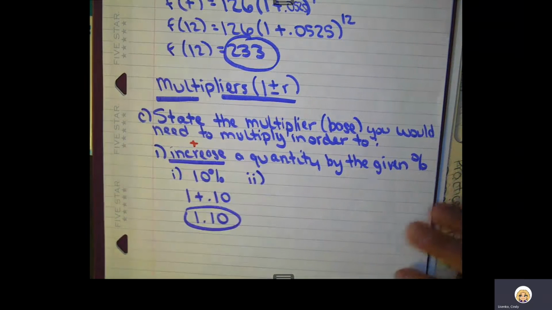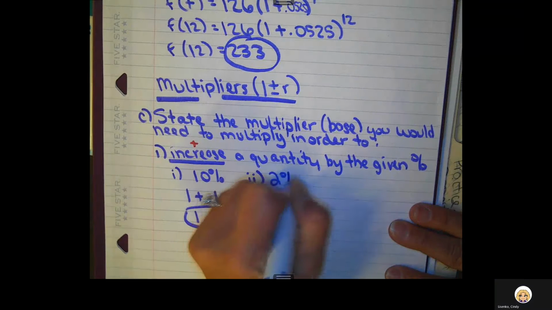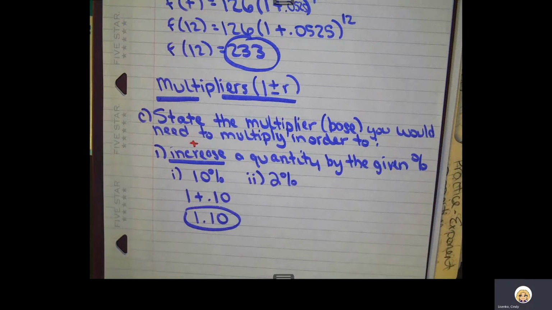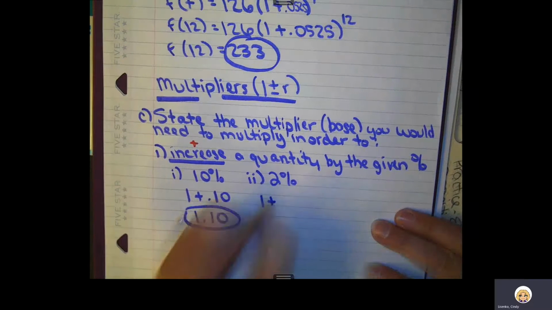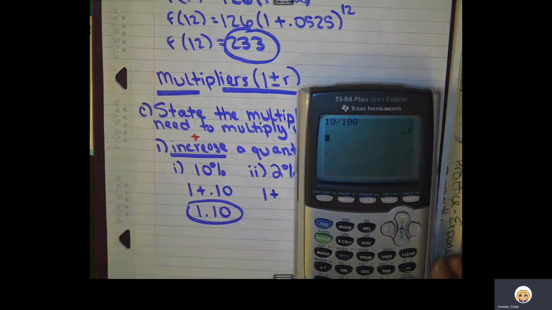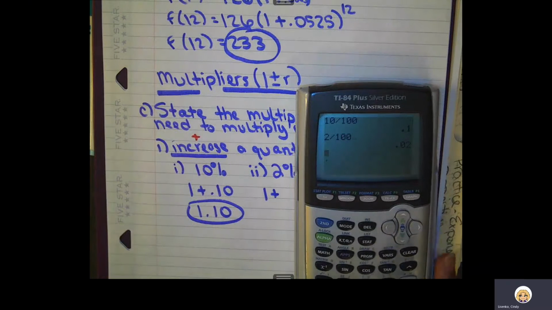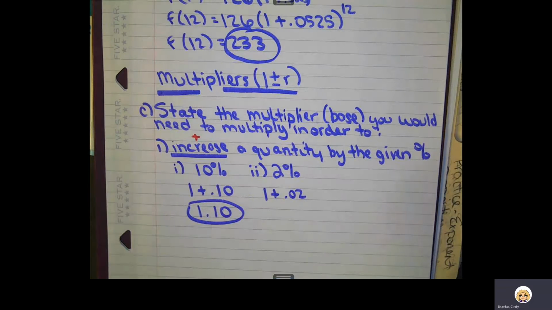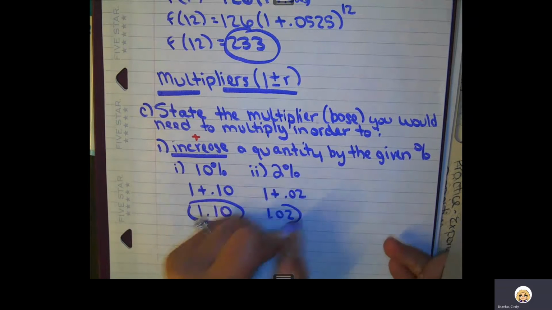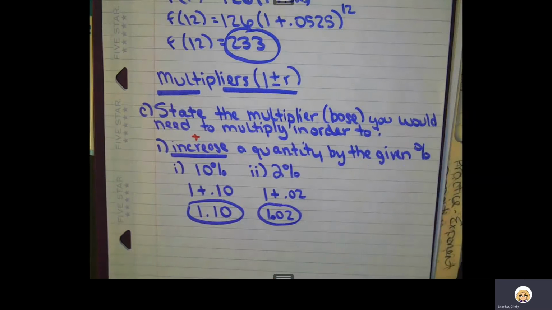Here's the second example, 2%. The multiplier would be 1 plus this number as a decimal. So we have 1 plus 2% as a decimal is just 2 divided by 100. That gives us 0.02. If we use our calculator and add it, we get 1.02. So multiplier means you're just doing 1 plus or minus that rate.